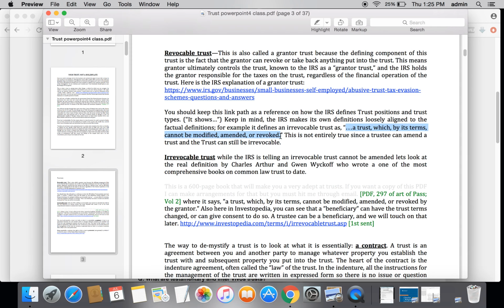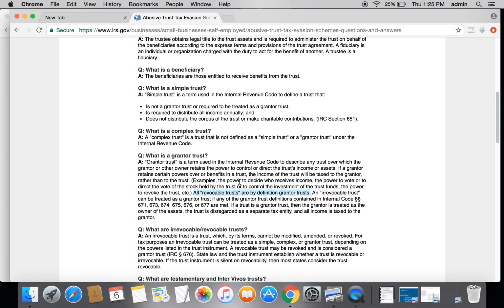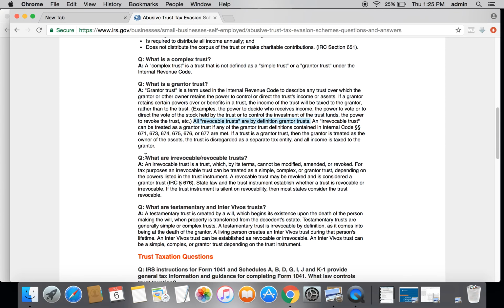Period. That's the definition of an irrevocable trust. And let's go back. What are irrevocable, revocable trusts? They start off with irrevocable. An irrevocable trust is a trust which by its terms cannot be modified, amended, or revoked.